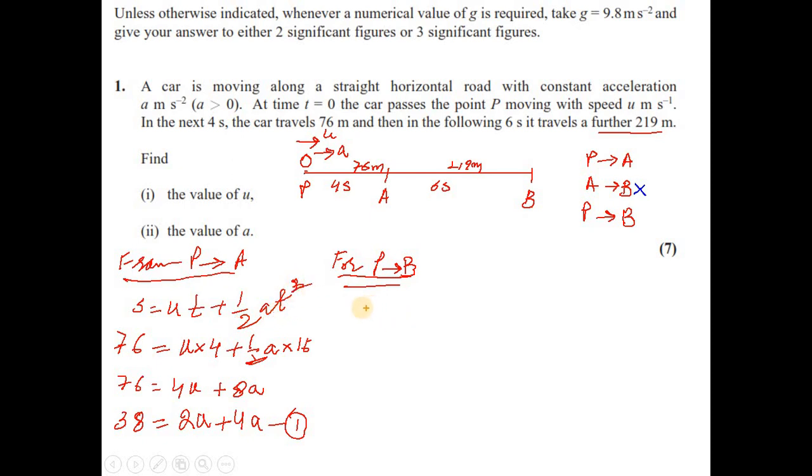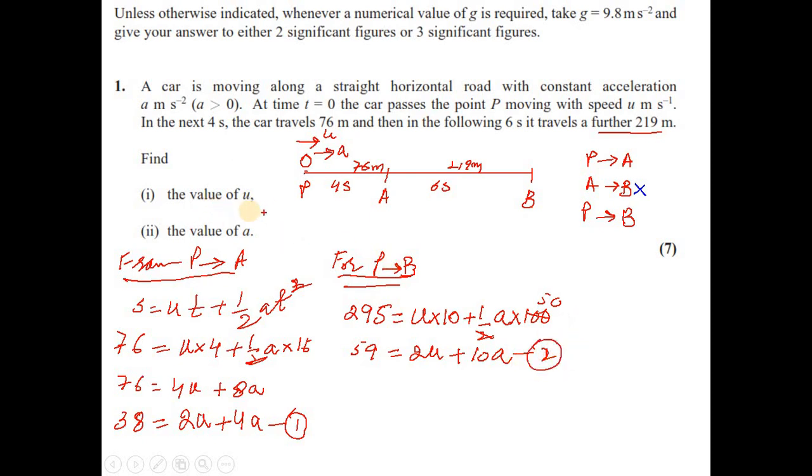The total distance is 295, equal to u times the total time of 10 seconds, plus half a times 100, and then you can cancel, it is 50a. So 295 is equal to 10u plus 50a, you can take 5 common, and after simplification you have 59 equals 2u plus 10a. This is your equation number 2.